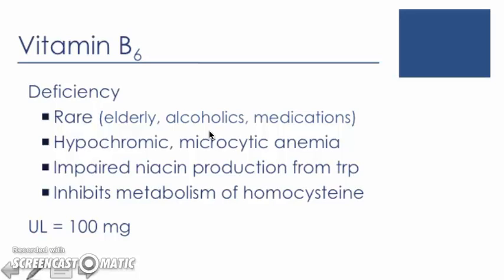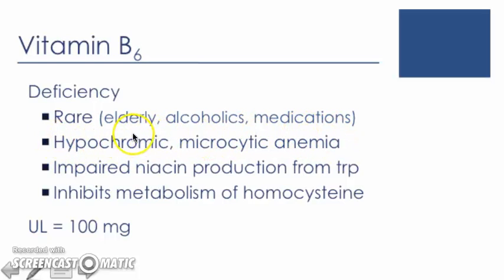Deficiency of vitamin B6 is rare, but you can see the deficiency symptoms or conditions related to the low vitamin B6 status. So you'll see the deficiency at higher rates in the elderly, alcoholics, and those taking certain medications, particularly that may affect vitamin B6 absorption or metabolism. A key deficiency symptom is this hypochromic microcytic anemia.